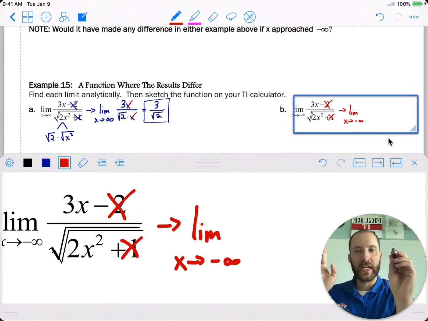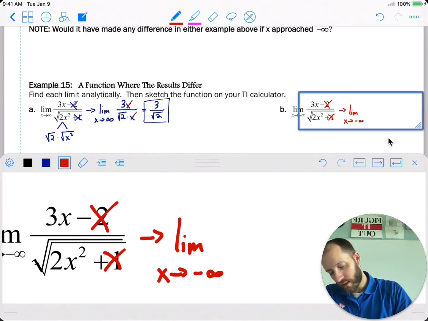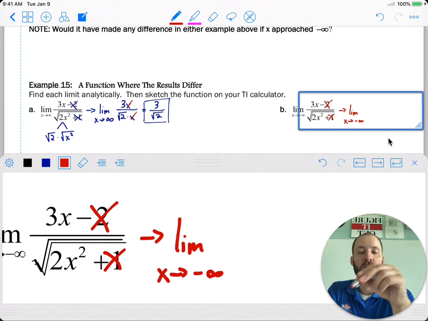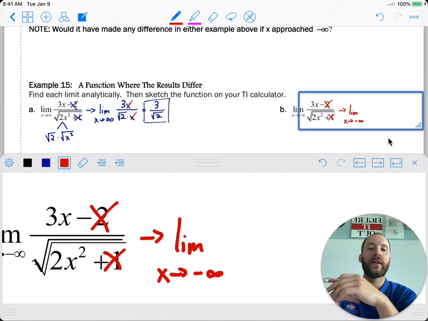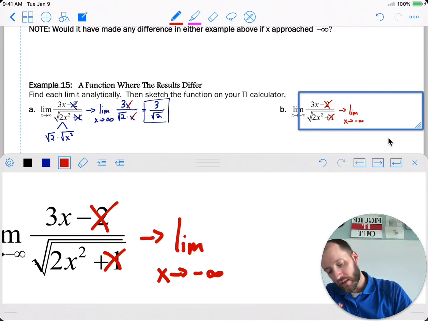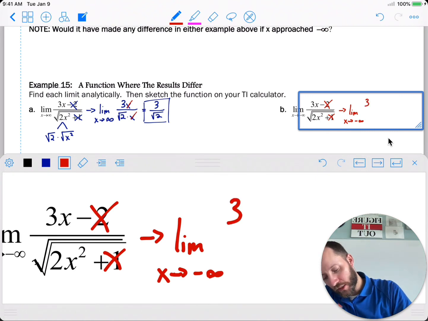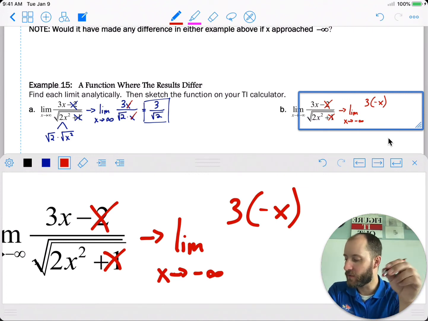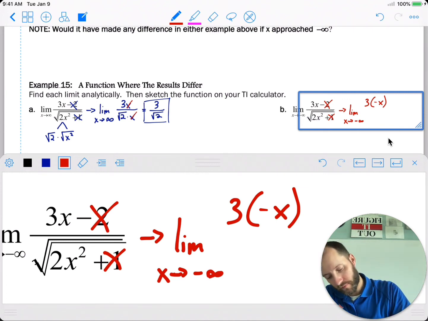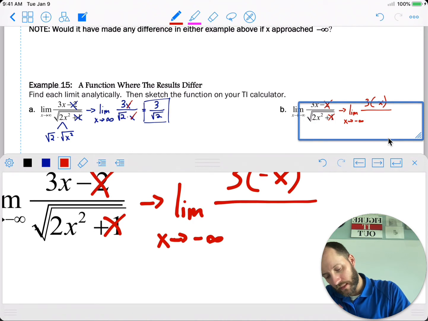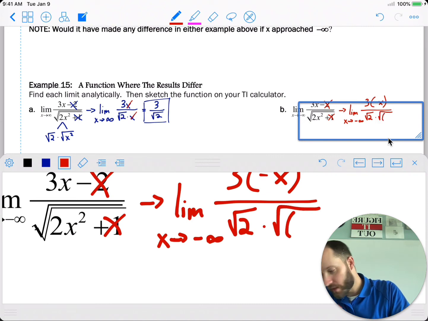Now you want to be careful because that x value, you're going to be substituting in a negative value, or they're getting more and more negative. So it's a 3 and a negative x. It's a root 2 and a root negative x squared.